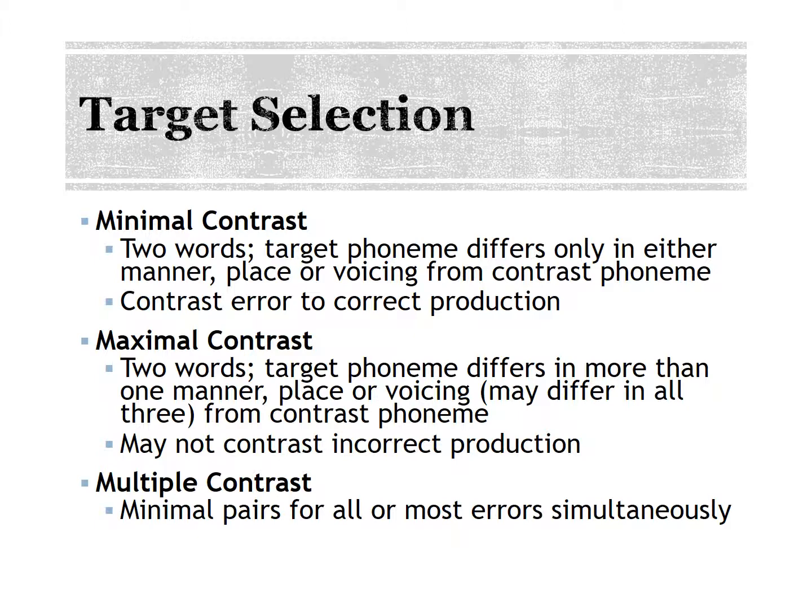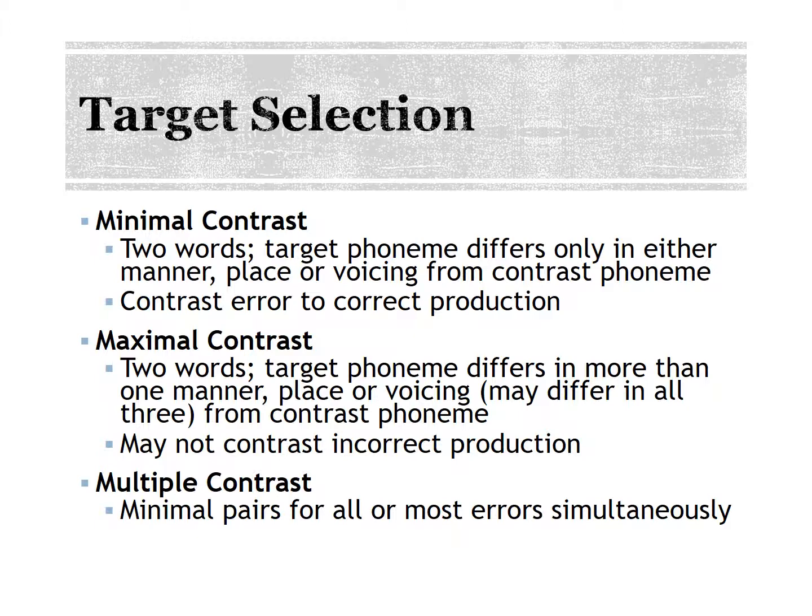Now, for maximal contrast, the minimal pair word set is contrasted by multiple features. These contrasts differ in more than one way and may involve even up to all three of the features, including manner, place, and voice.